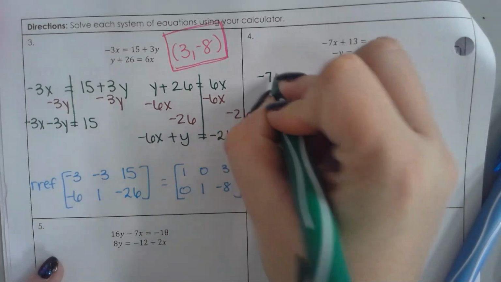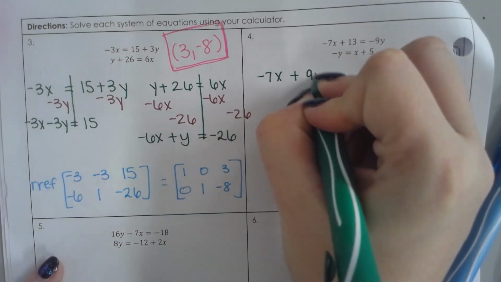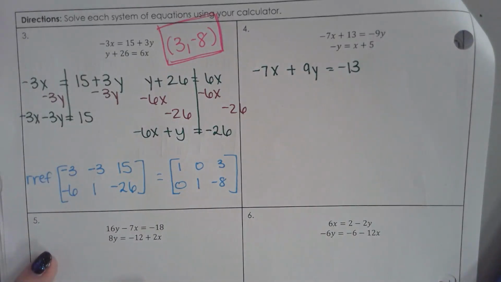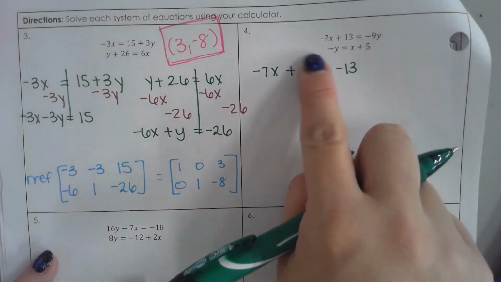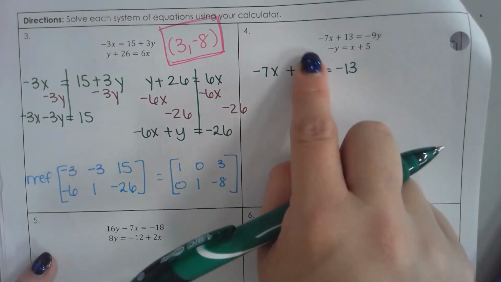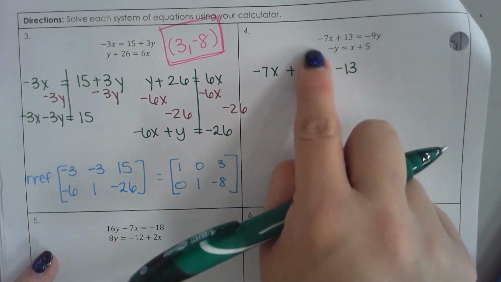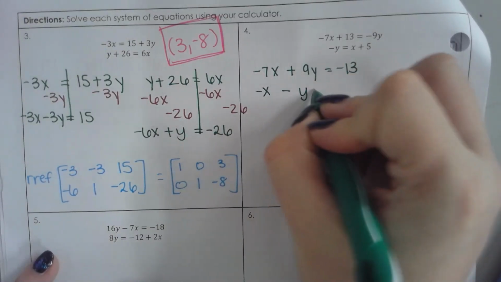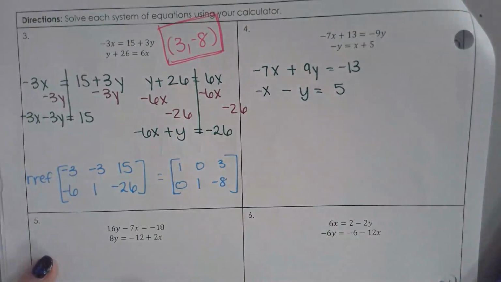So -7x plus 9y equals -13. And then my other one, the only thing is the x needs to move over here. Remember, the x always has to be first, so you've got to put that in the front. -x minus y equals 5.